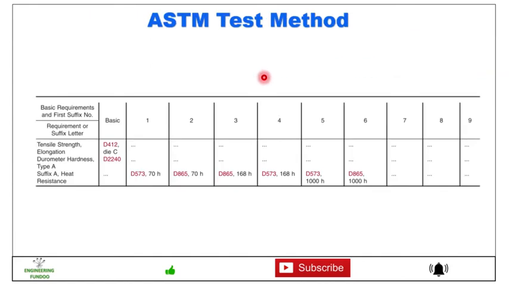Then we have ASTM test methods. Here there is a basic requirement and first suffix number, and then there is a requirement for the suffix letter. We have tensile strength, elongation, durometer hardness, type A, suffix A heat resistance, and the basic requirement is D412 Die C and D2240.